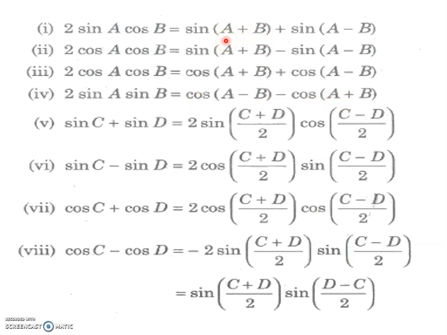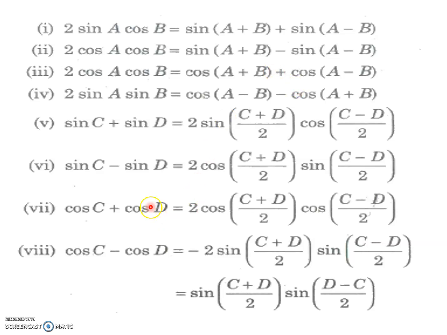The first bracket is A plus B, the second bracket is A minus B; in the first formula the first bracket is A plus B, second bracket A minus B, and in the third formula also the first bracket is A plus B and the last bracket is A minus B. For 2 sin A into sin B, only this format is different: cos A minus B is first, minus cos A plus B. Be aware of the difference between these formulas; the addition and subtraction formula combination gives these factorization and defactorization formulas.